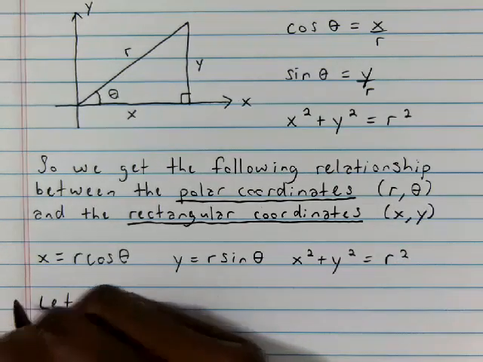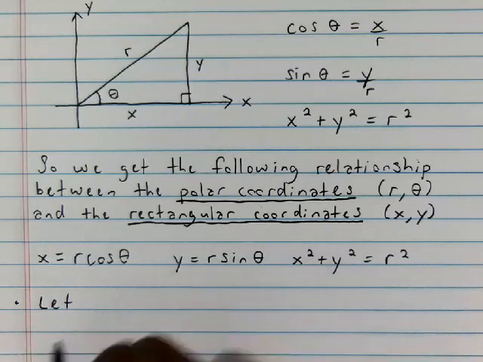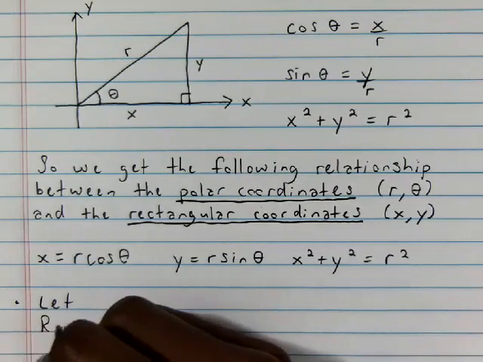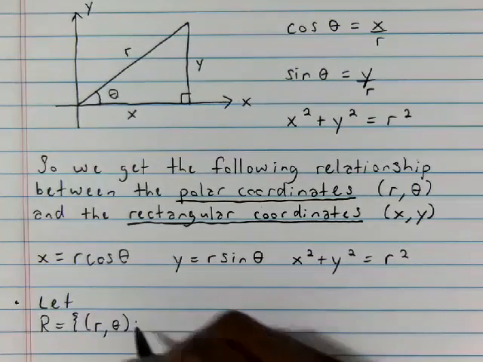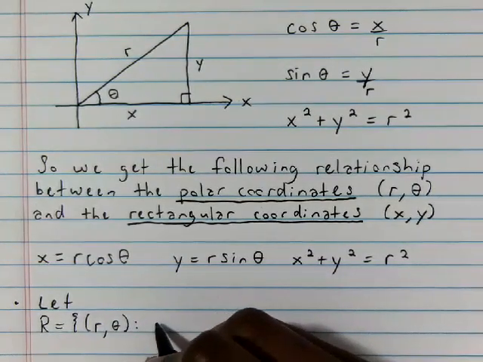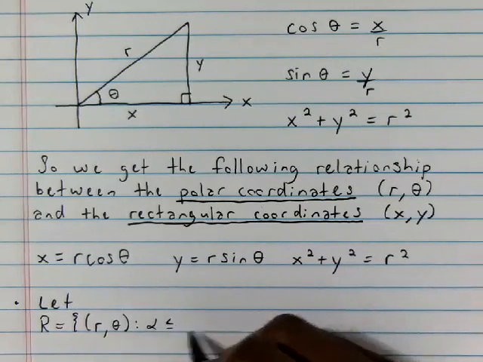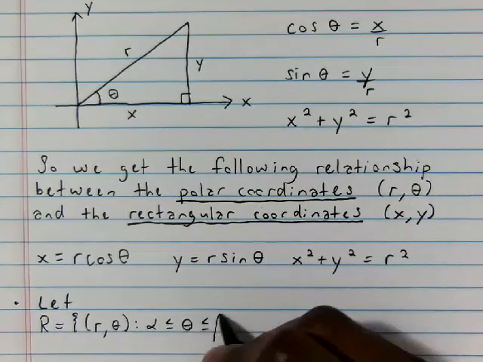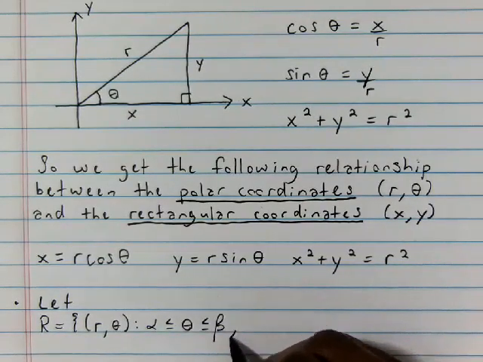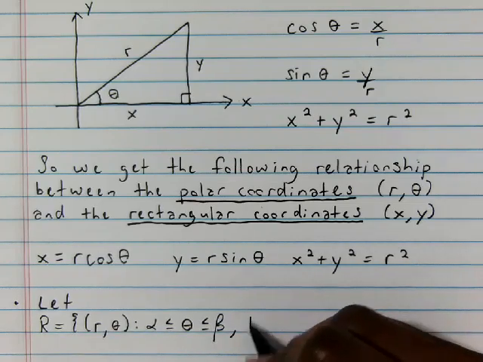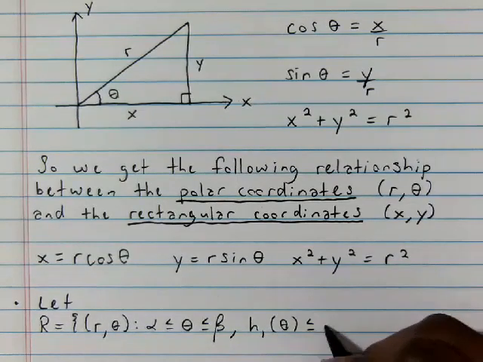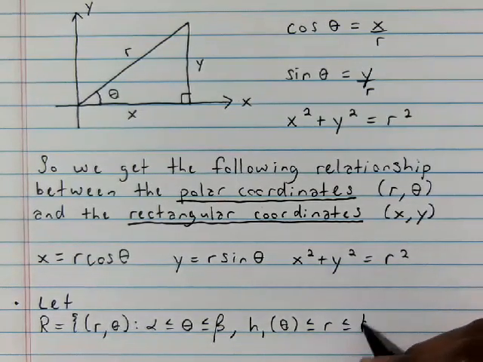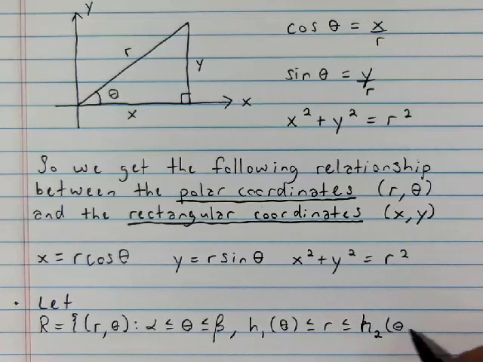So let R be equal to the set of points r comma theta such that theta is between alpha and beta, and r is between two functions h sub 1 of theta and h sub 2 of theta.